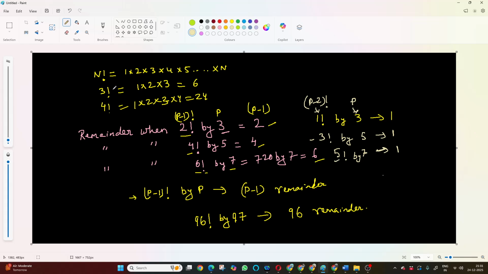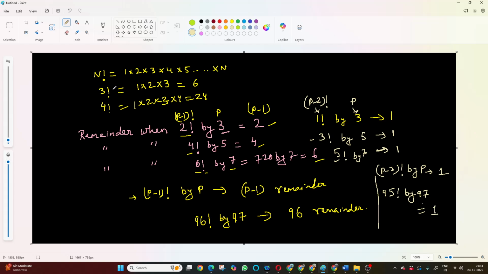So from here, I can generalize the expression as: if p minus 2 factorial is divided by p, the remainder will always be 1. Okay, this is a generic rule. So if I extrapolate it and say I have 95 factorial and I divide it by 97, what is the remainder? The answer is 1. That's it.